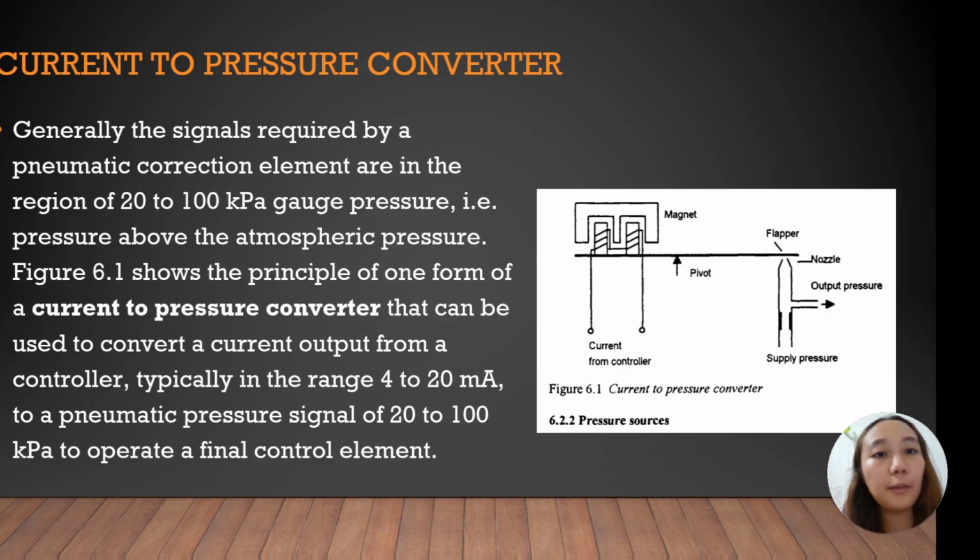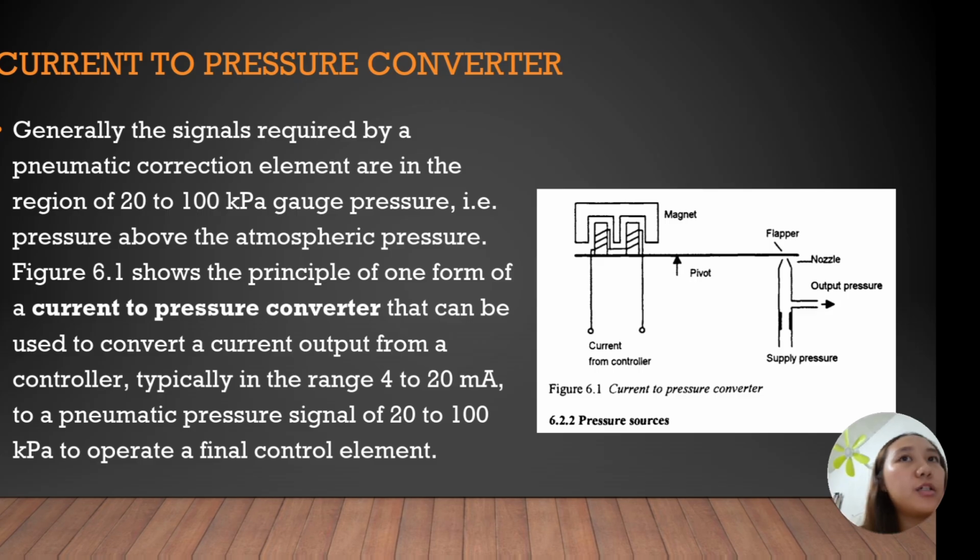typically in the range 4 to 20 mA, to a pneumatic pressure signal of 20 to 100 kilopascals to operate a final control element. Since most controllers use electrical signals, but pneumatic systems use pressure, we need translation.